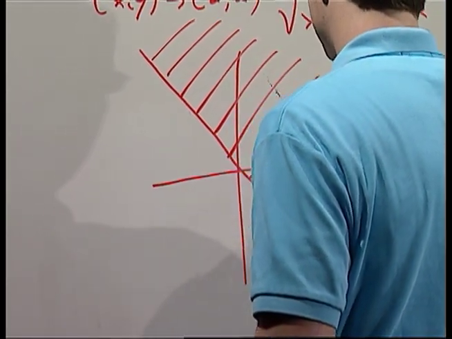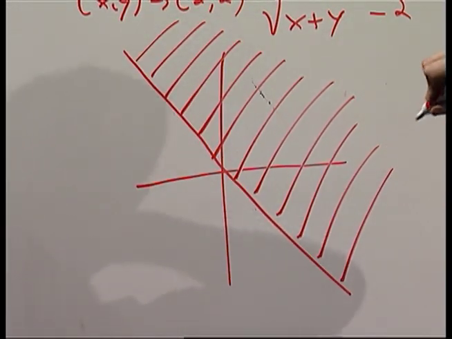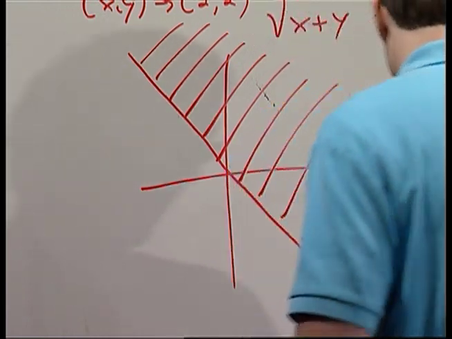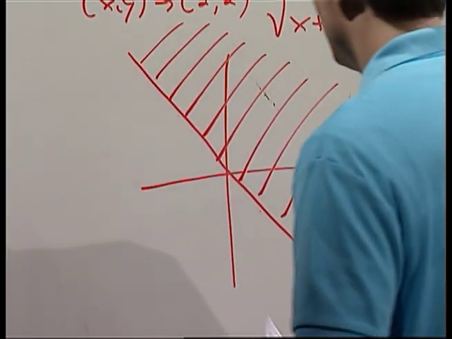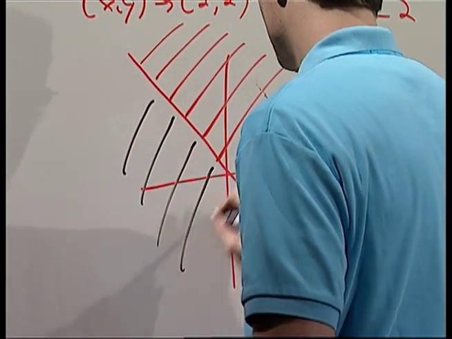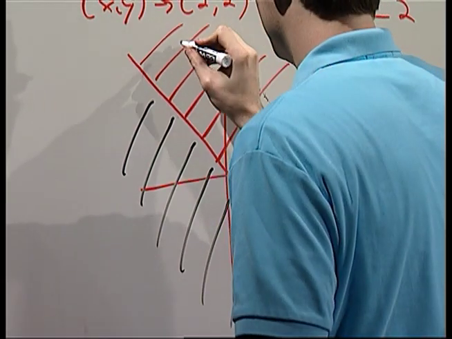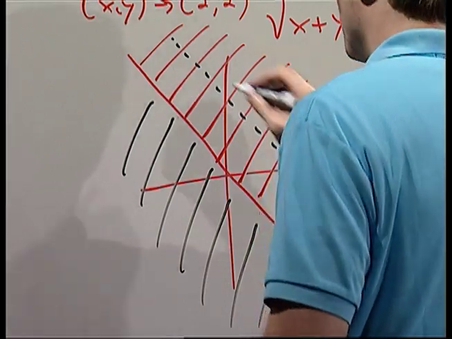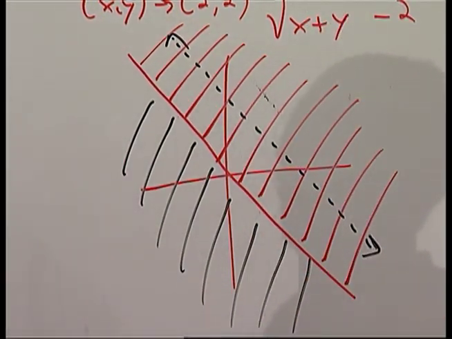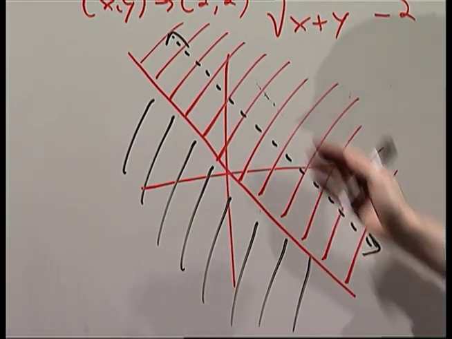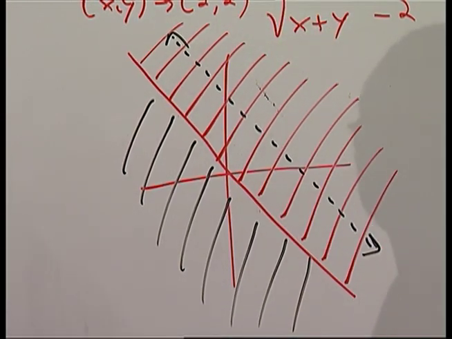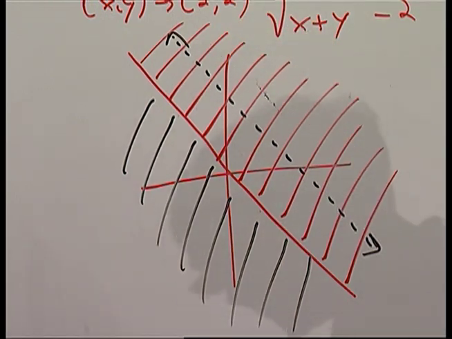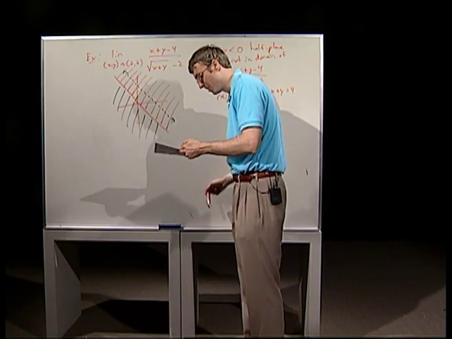So everything I'm shading in orange is part of the domain, but there's also this other line. Orange is good, black no good, and the line x plus y equals 4 is also cut out of the domain. So the domain is all this orange stuff. The domain is everything over here, including this orange line, but not this black dashed line. That is not part of the domain.